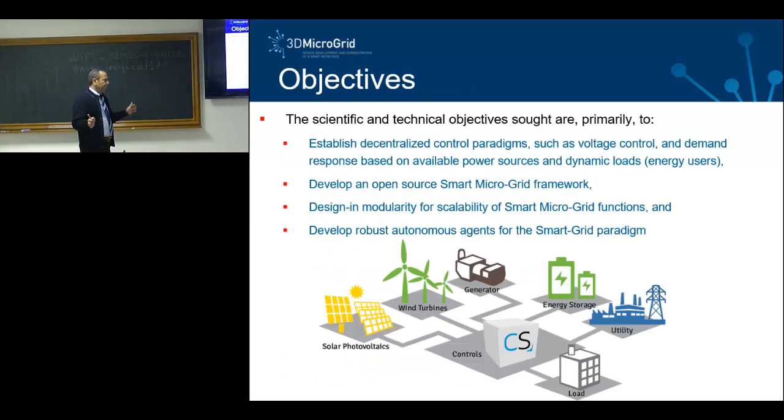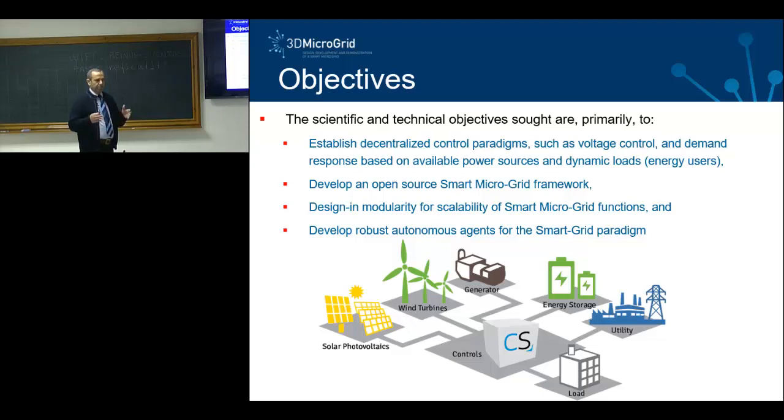So, in fact, because this is more or less a research project that we want to build together with our partners, there is a scientific and technical objective that we are seeking to achieve. And this primarily focuses on the establishment of a decentralized control paradigm, such as voltage control and demand response, based on available power resources and dynamic loads.